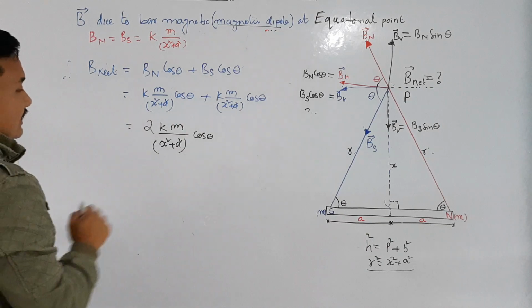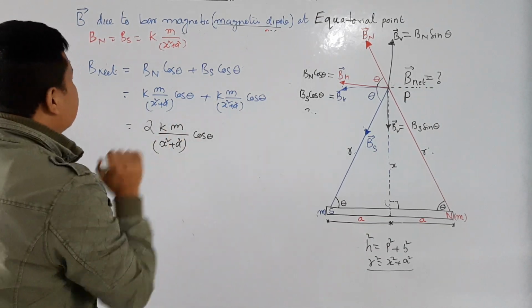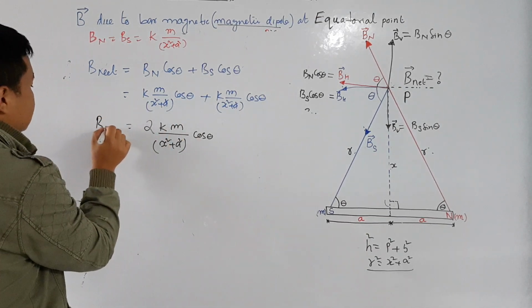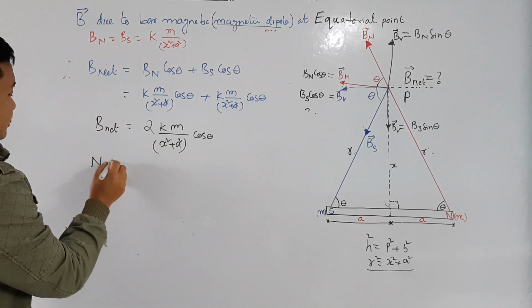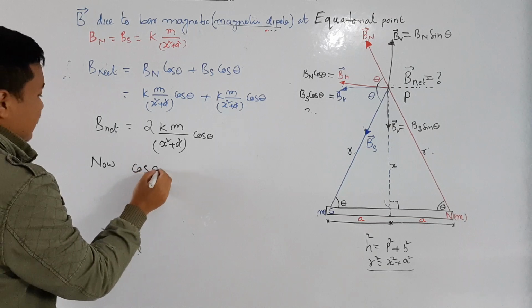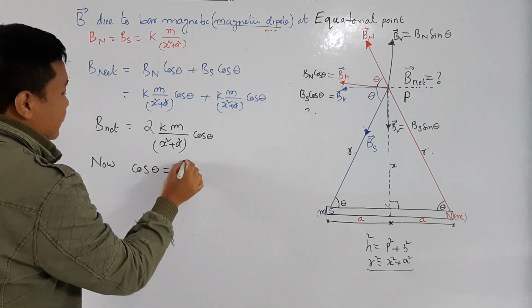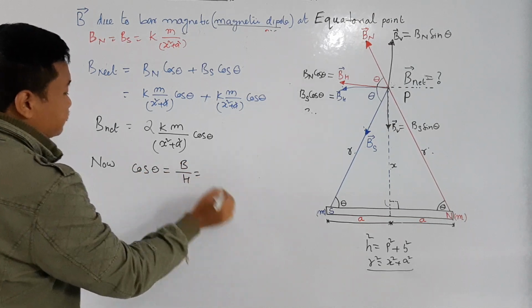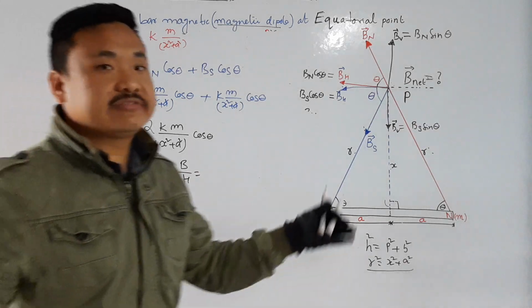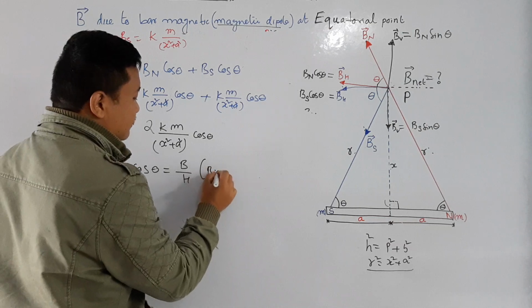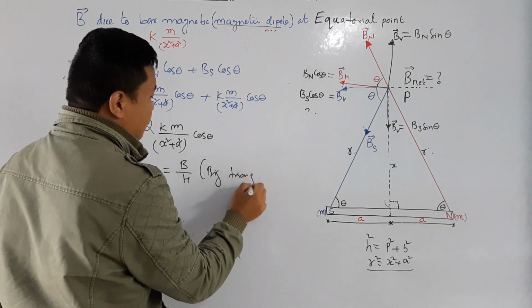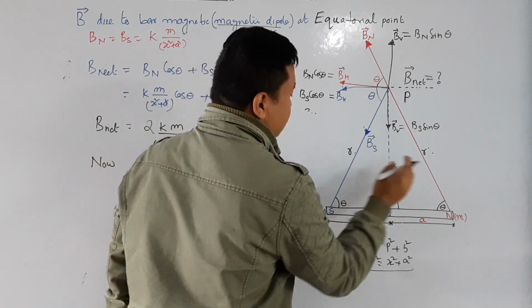Okay, so let us now find the value of cos theta. So this is my B net. Now we know cos theta is equal to base by hypotenuse. Now here we use the big triangle.